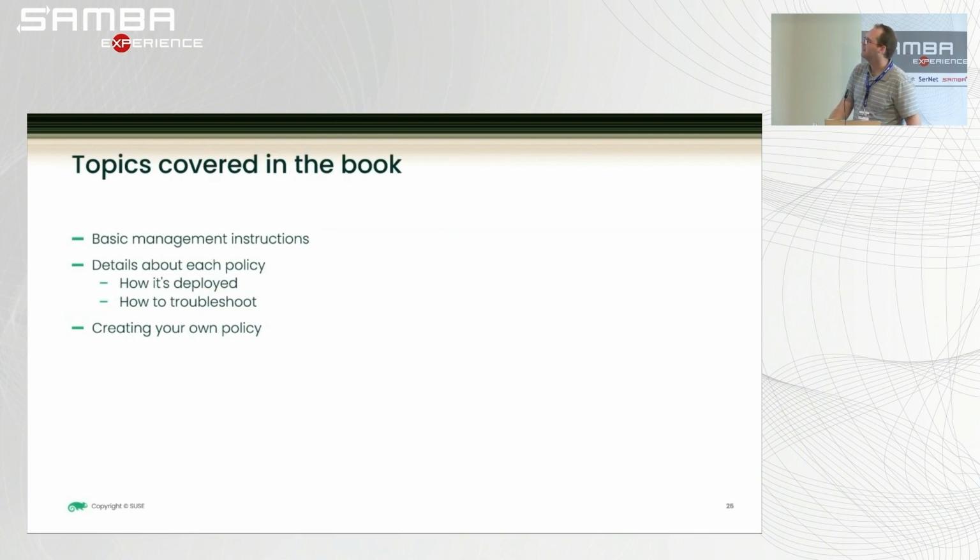The topics covered in the book are basic management instructions, some of the stuff we talked about in this presentation. But it gives really specific details about each policy, what it does, how it applies, how to debug the policy if something goes wrong, and how to troubleshoot it. In the back it also has instructions on how to create your own policy.